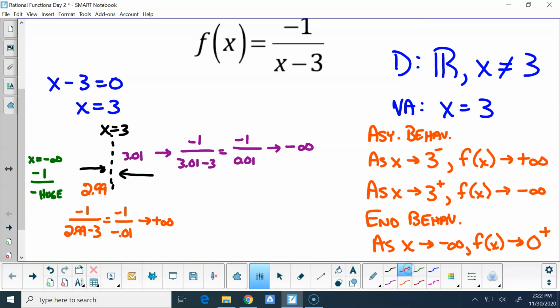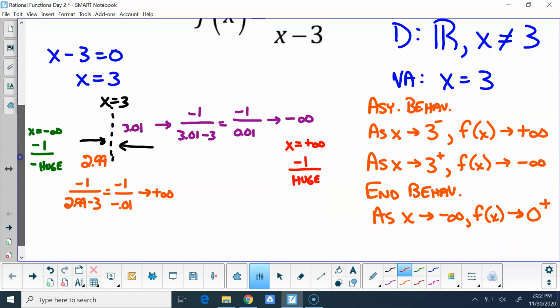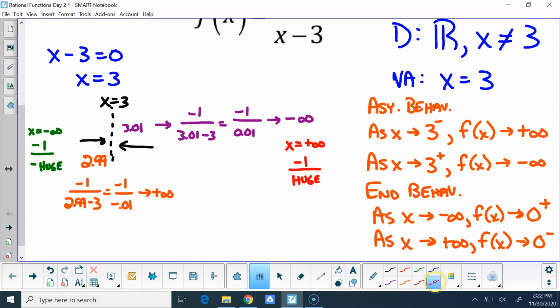And then lastly, if I'm way out here at x equals positive infinity, as x approaches positive infinity, my function is approaching 0 from below.